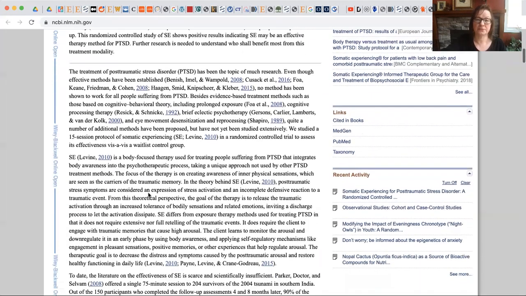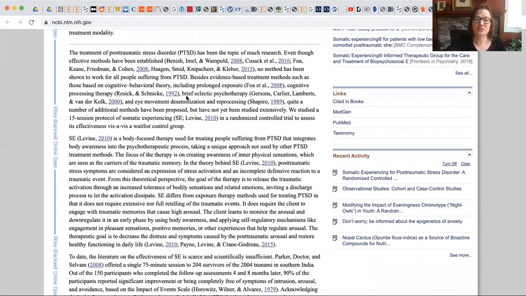But I'm going to break down the article really quickly for you, because this is really useful in terms of designing my study. And so the first thing they talk about is PTSD, lots of research, lots of different treatments seem to be helpful. Okay, so that's their first paragraph. There are lots of treatments that seem to be helpful for PTSD, but nobody's looked at somatic experiencing, right? That's the first paragraph.